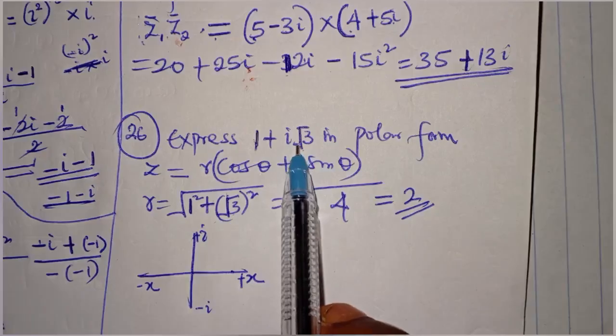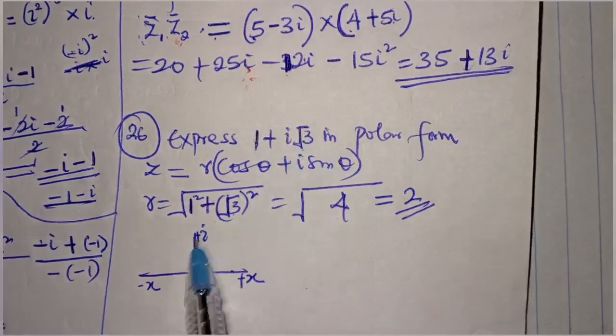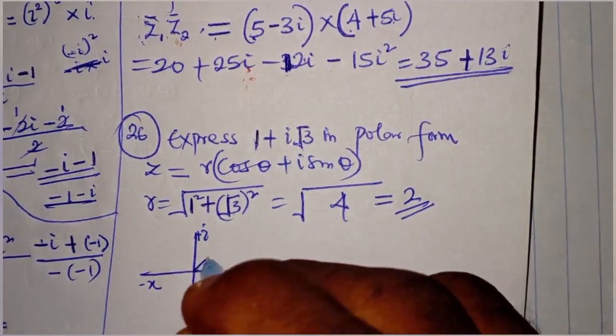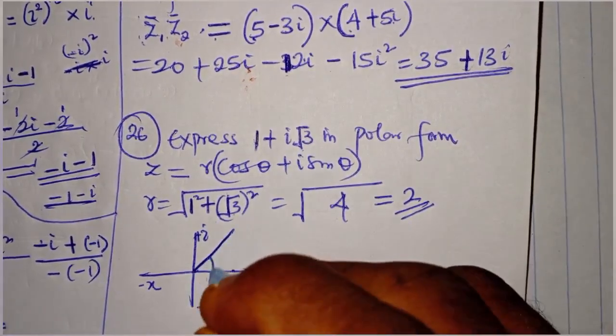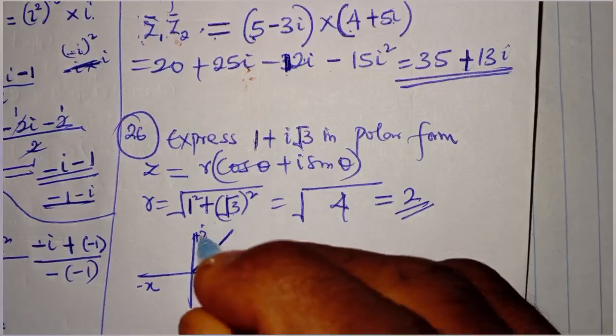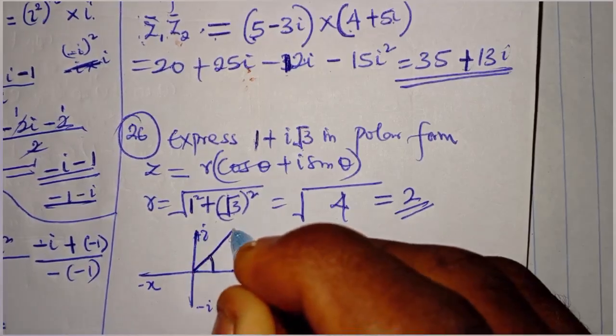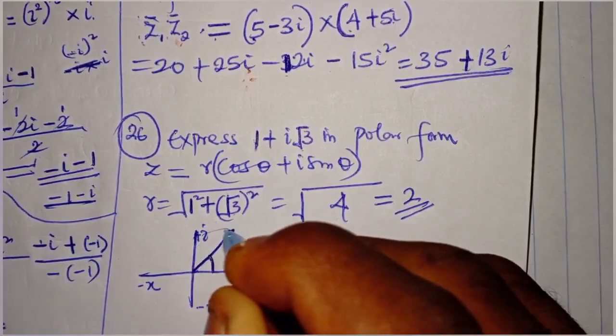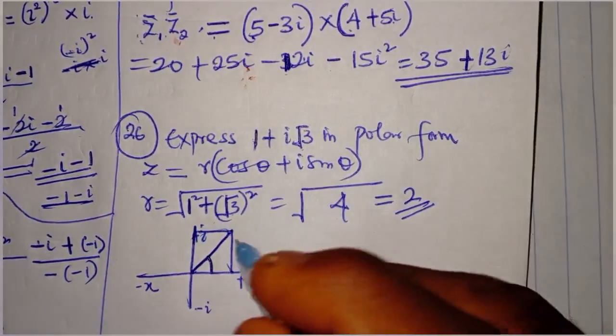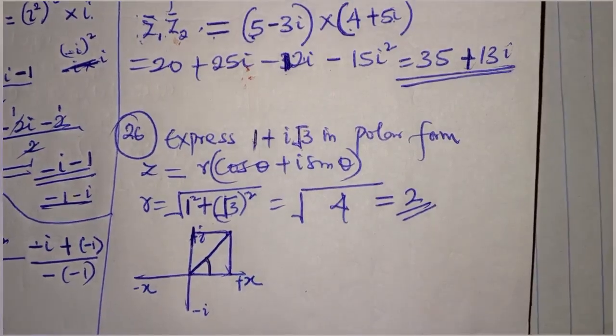And this one is root 3, positive i here. So the complex number is actually in the first quadrant.